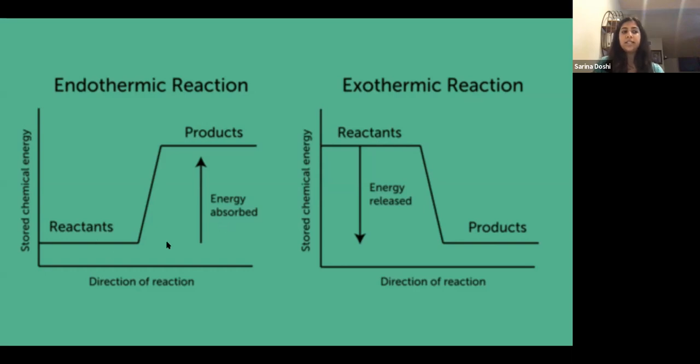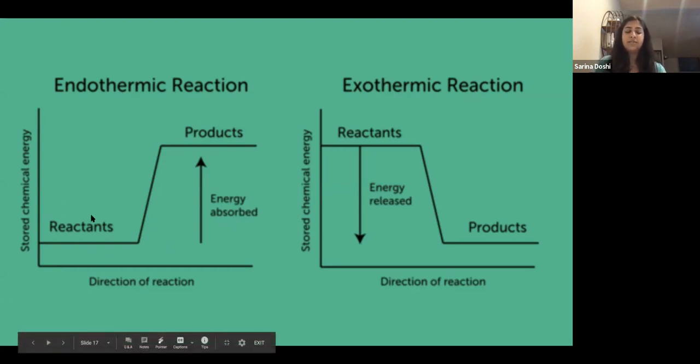The way you can think about this is if you have two separate molecules joining together, so you're forming a bond. Breaking a bond releases energy and forming a bond takes in energy. So it makes sense to think of your products, the complete molecule, as having more energy because of that bond. Your reactants have less energy and then the products have more energy.